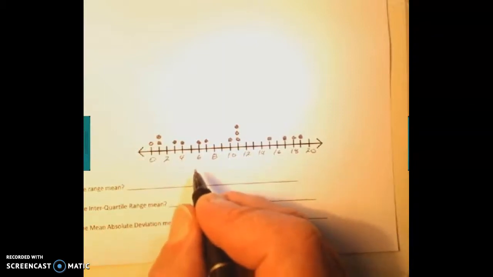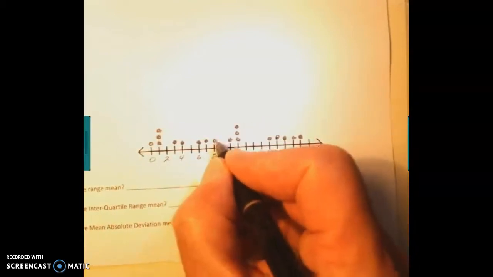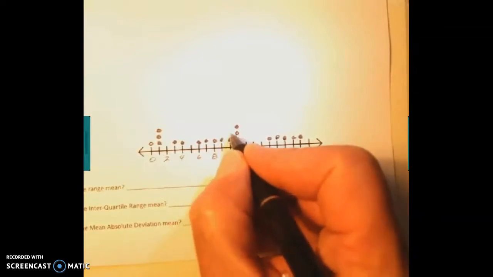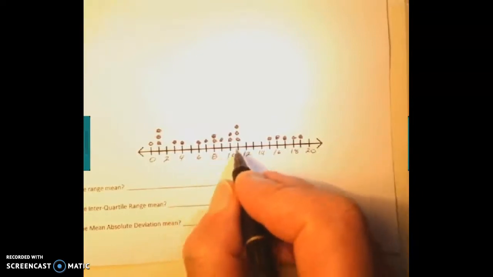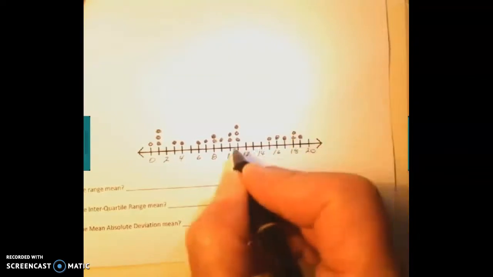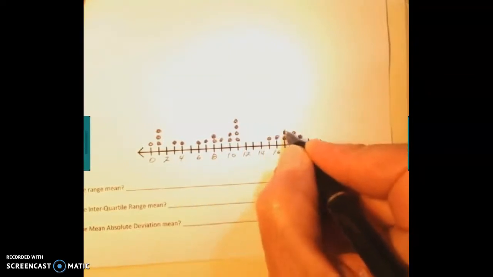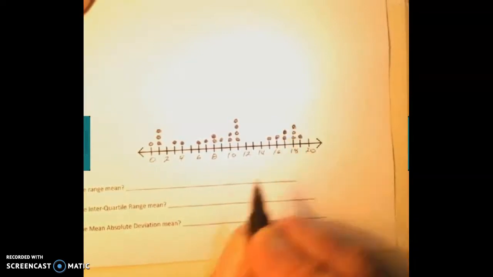Okay, 16, 1, 8. So a 16, another 1, and an 8, a 9, 10, and an 8. So a 9, another 10, and another 8. 18, 11, 17. 18, 11, and 17. And finally, an 18.